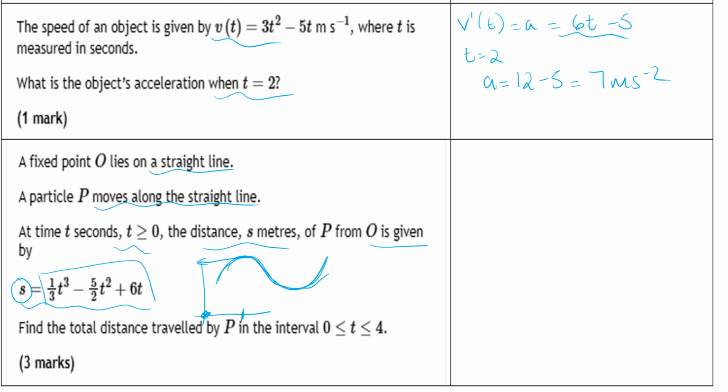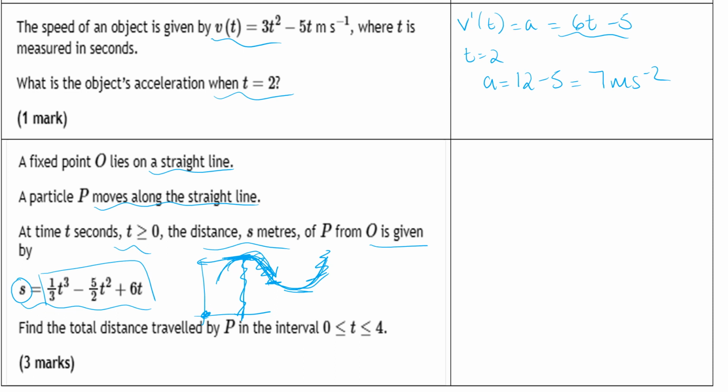So what we need to do is find when they are, because if they're in the first 4 seconds, we can find the displacement here, how far we are away, but then we'll have to see how far we travel back on ourselves, because in terms of distance traveled, we are going away from where we started, but then coming back. So we need to add on that distance there and then add on the next bit when we go away. So how do we find these max and mins?